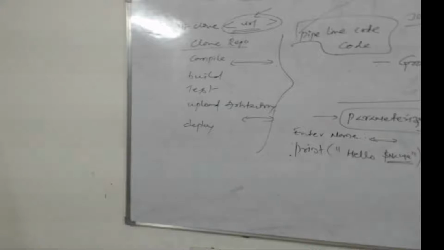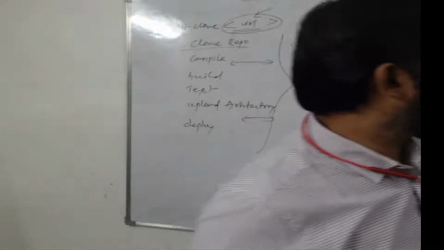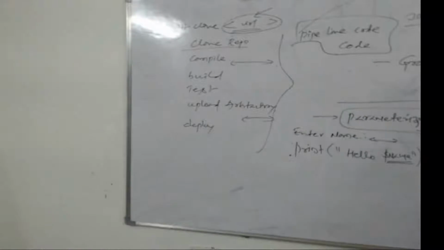Do you see any other difference? You need to compare the code of the declarative pipeline, which is the parameterized pipeline, that's how it's named over there, versus a scripted pipeline.